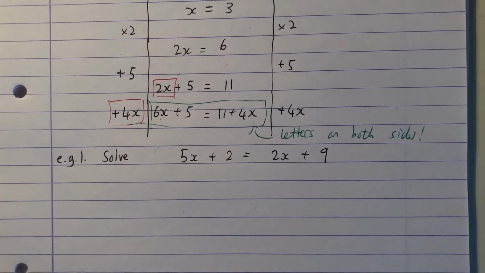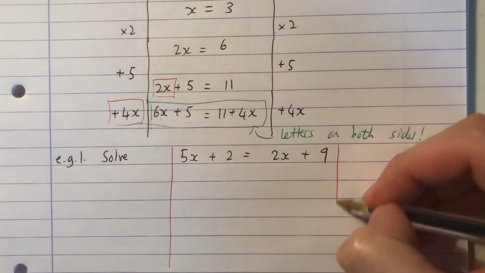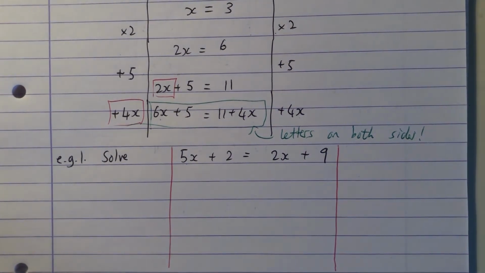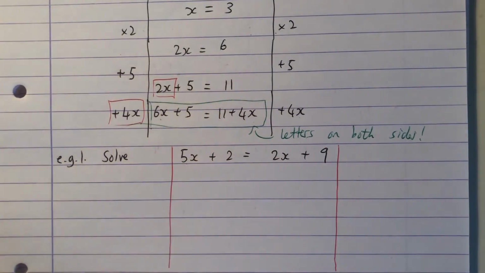I only want a letter on one side. So let's do the tramlines. How can you get one letter on one side? So I have to remove either the 2x or remove the 5x.